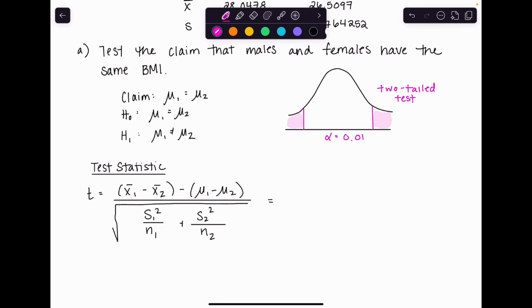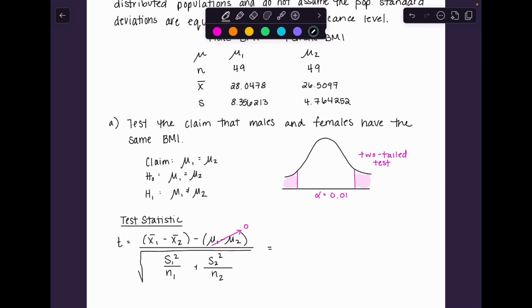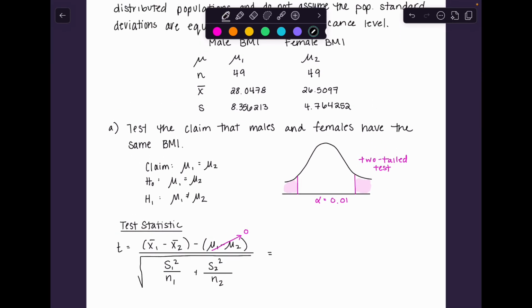So first, the difference in these two, we're assuming to be 0 because we're assuming these are equal to each other. Filling in our other pieces, X1, they tell us is 28.0478. And X2 for women is 26.5097.